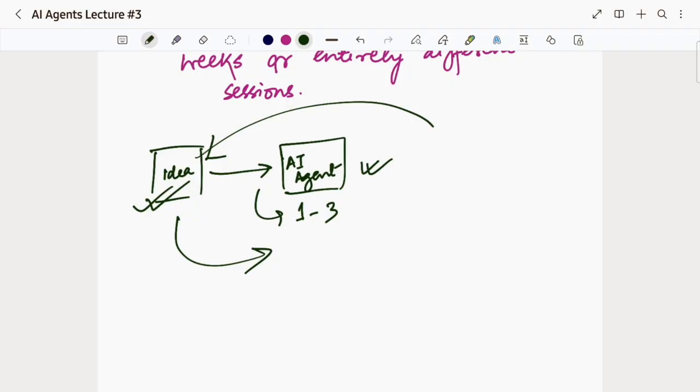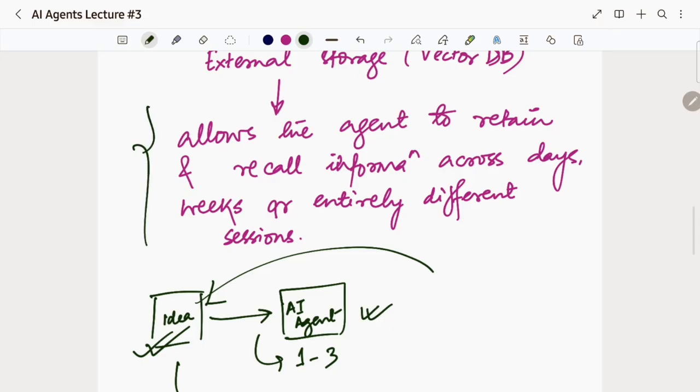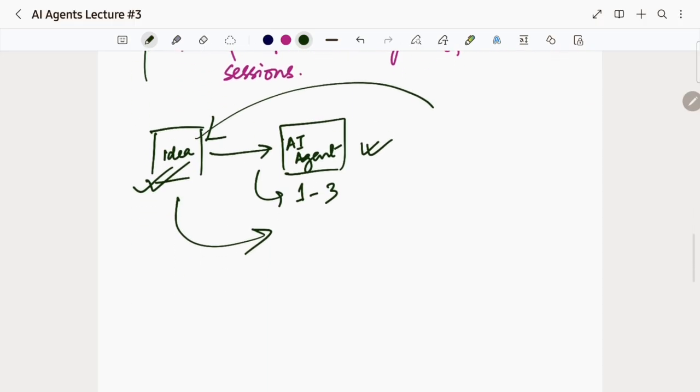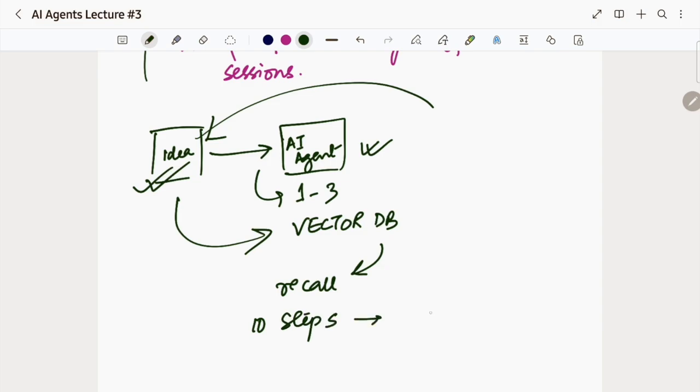Now I might have completely closed out that session. I might have left it and asked different questions, different things in that particular window, right? So to store those things, we have this vector DB, and because of that vector DB, we'll be able to recall that out of the 10 steps, we had completed only step 3.